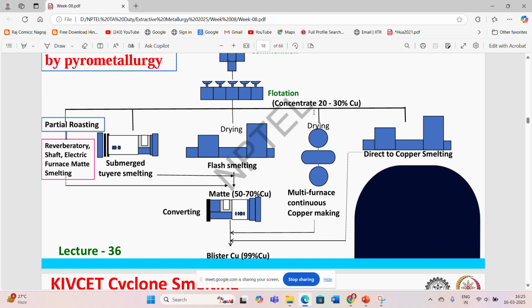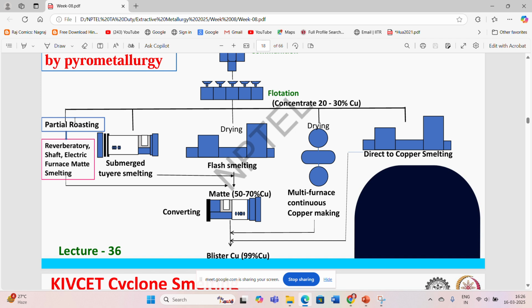So this 20 to 30% grade can directly go for partial roasting. We can go with partial roasting processes followed by matte smelting, or we can go with the drying process followed by flash smelting or matte smelting, or we can go with the dry smelting process and multi-furnace continuous copper making for producing blister copper, or we can directly go for direct copper smelting with this 20 to 30% copper to produce blister copper.